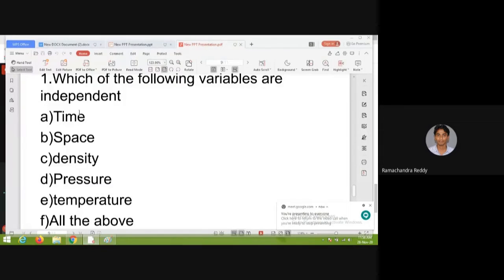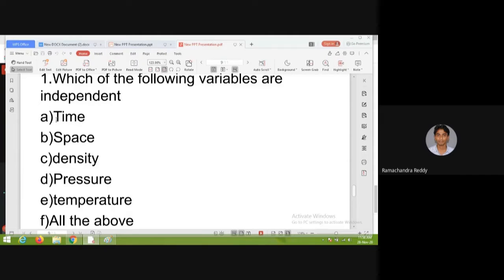So all these belong to the independent variables: time, space, density, pressure, temperature. If a signal is a dependent function of the independent variable time, it is called a continuous time signal if continuous, and a discrete time signal if discrete. If the signal is a function of the independent variable space, nothing wrong in that.